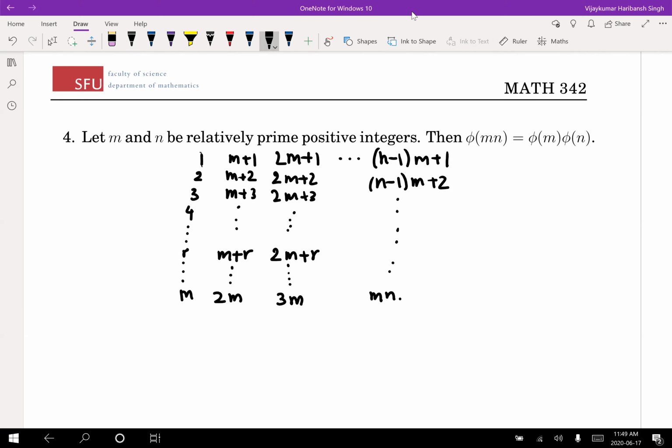So let's consider the following rectangular array. I should list this element as well, so this is going to be n minus 1 times n.